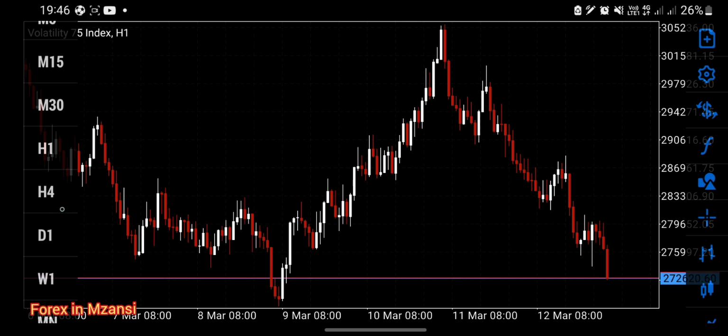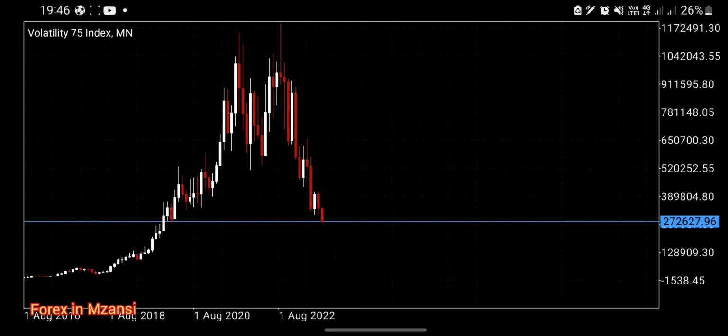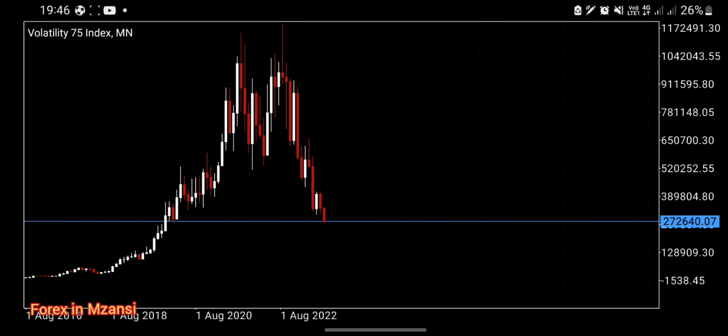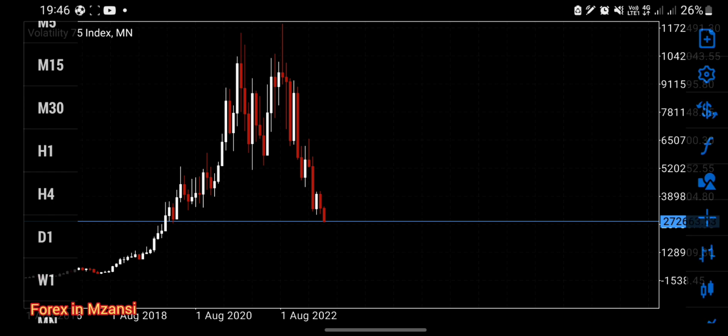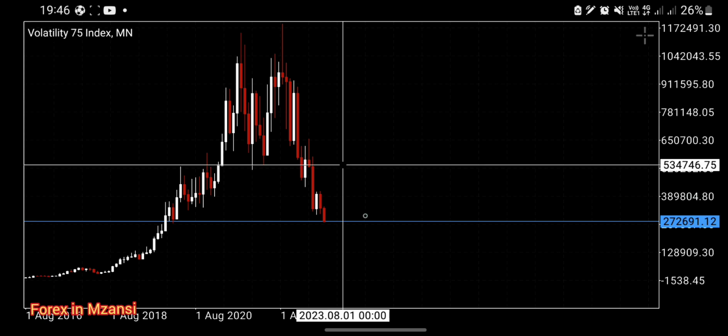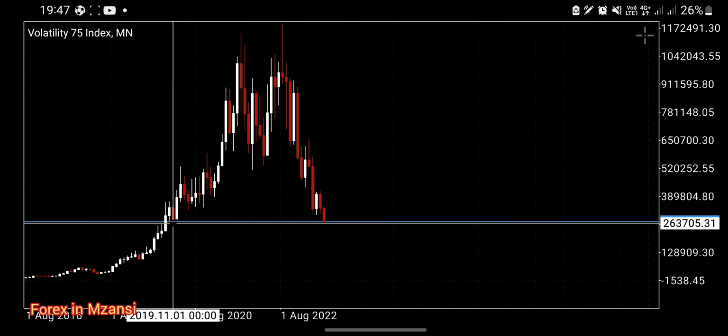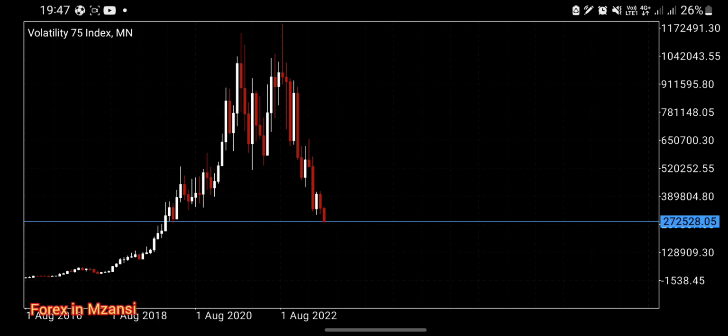So we're going to start with the monthly chart and have a look at what we are seeing here. Okay, so this is the structure on monthly, which is very interesting. It's interesting because if you look at this support here, this rally, base, rally, the price hasn't moved lower than this red candlestick.